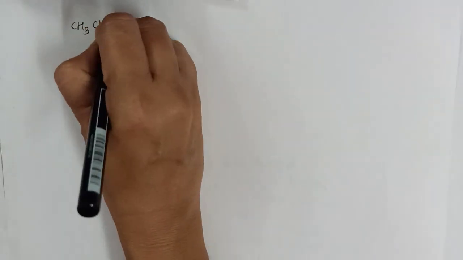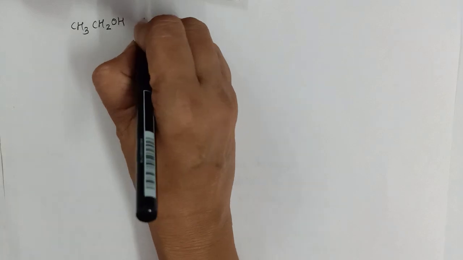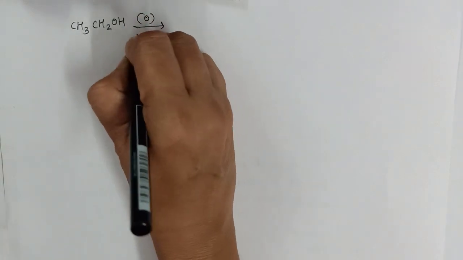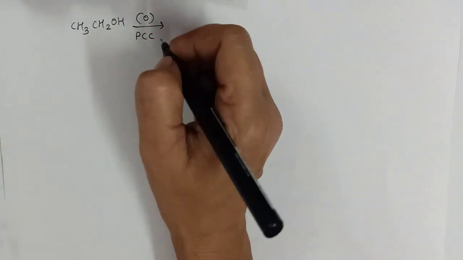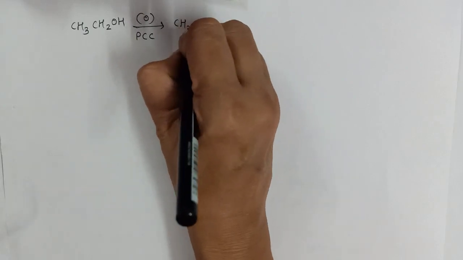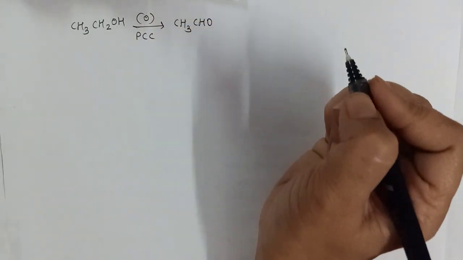Suppose I have taken any 1 degree alcohol like ethanol, and I have carried out oxidation using a mild oxidizing agent like pyridinium chlorochromate. It will give me aldehyde.